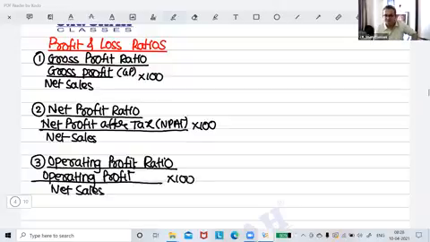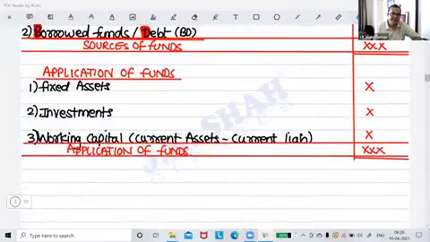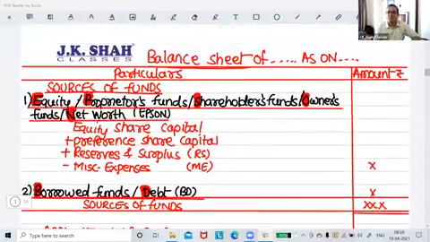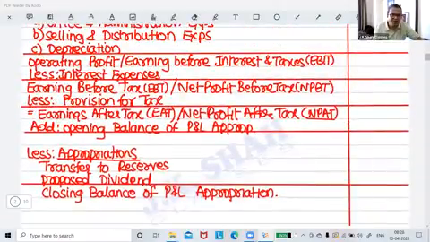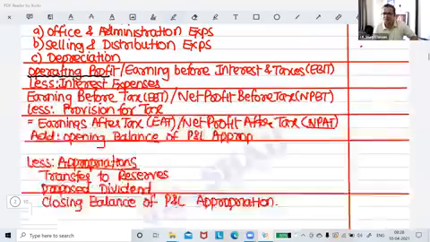Just make sure you go through the correct one. You are right, you are replying to me in the chat box. Absolutely right. But then go through the income statement also, guys. See, operating profit means only EBIT.